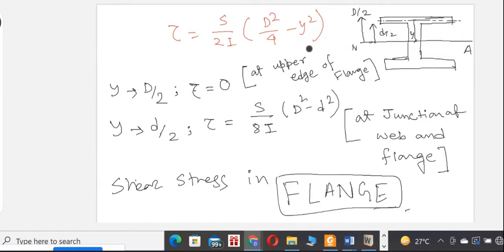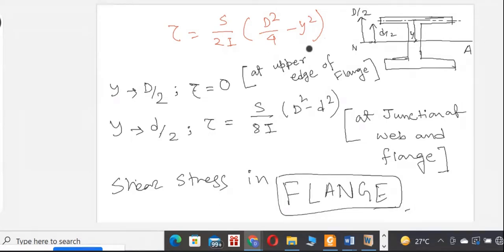The I value for the circular section you used again for the entire section. So here also we are just dividing our job in two parts, but the methodology will remain the same. So here the I, by definition, is the moment of inertia of the complete I section with respect to the neutral axis.